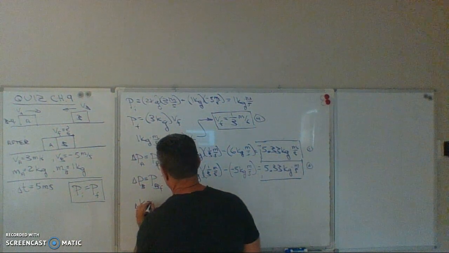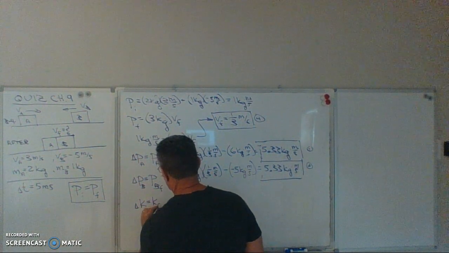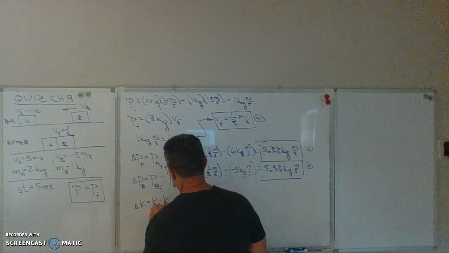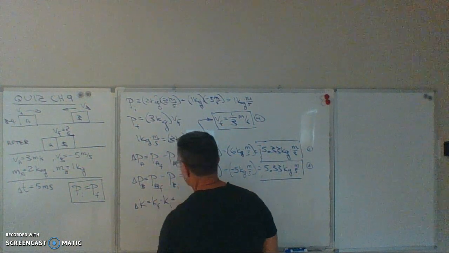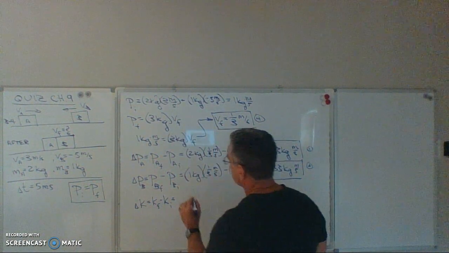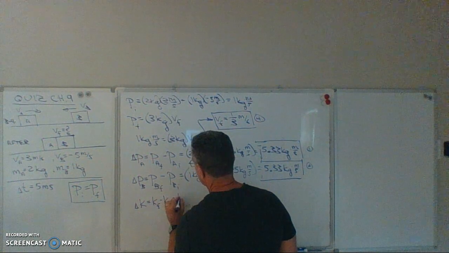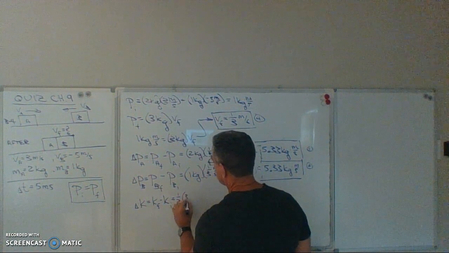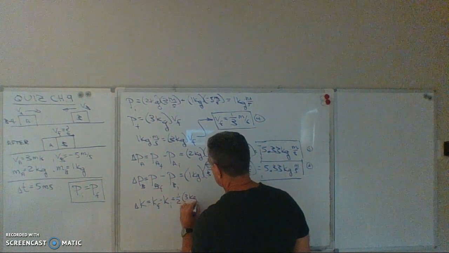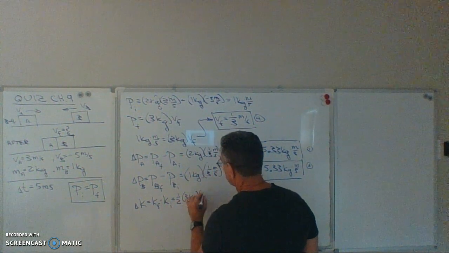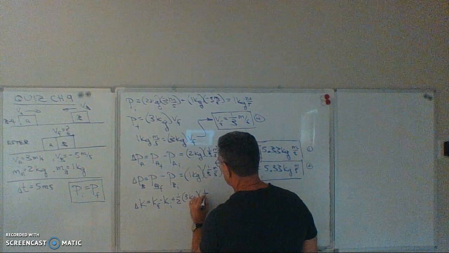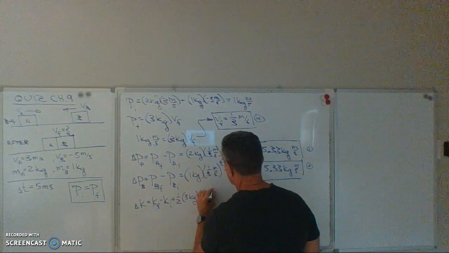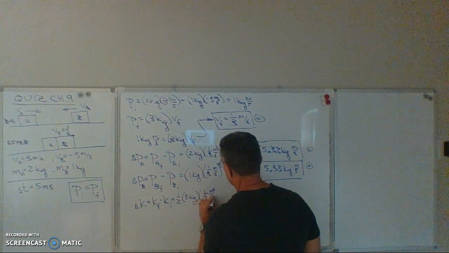that'll be K final minus K initial, and that'll be 1/2 times the total mass of the system, which is 3 kilograms, times its final velocity squared, which will be 1/9 meters squared per second squared.